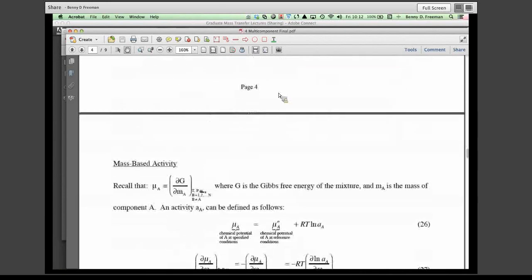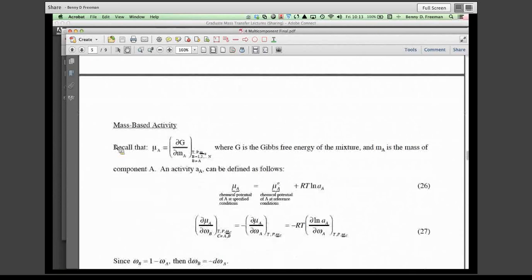And so the general definition of chemical potential, and I'm going to do it now on a mass basis, not a molar basis. The general definition of chemical potential is the change in the Gibbs free energy of a mixture with respect to a change in the mass of one component, with temperature, pressure, and amount of all other components held constant. That's what all these little subscripts mean.